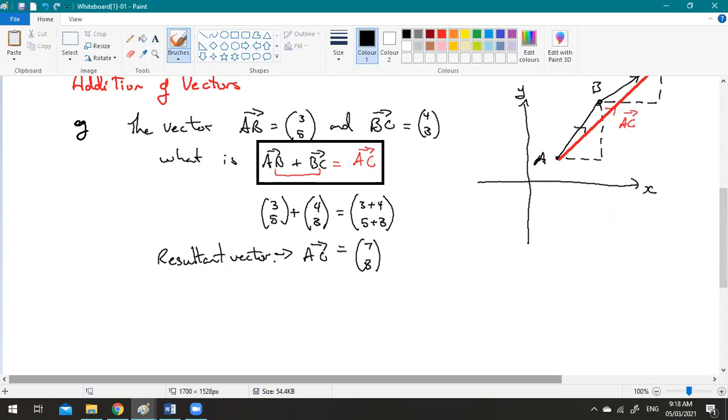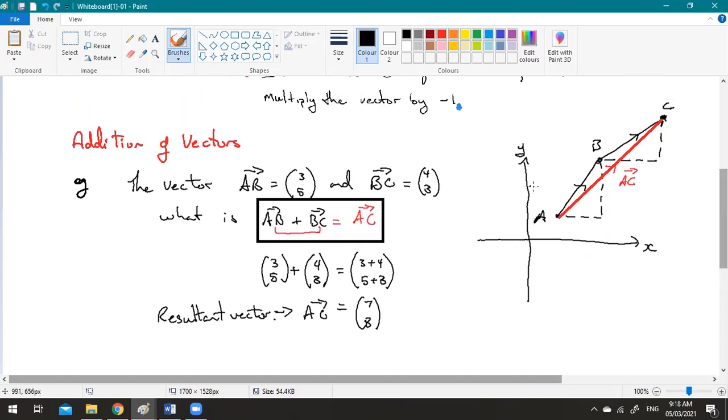So if this is 3, 5, and here's 4, 3, the resultant vector would be AB plus BC. AB, from A to B, is 3 over 5, and from B to C is 4 over 3. So we're just adding them like in the matrices method. 3 will add to 4, and 5 will add to the bottom 3. So we get 7 over 8.